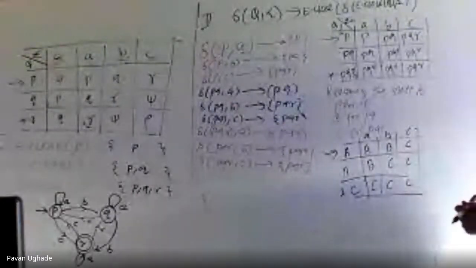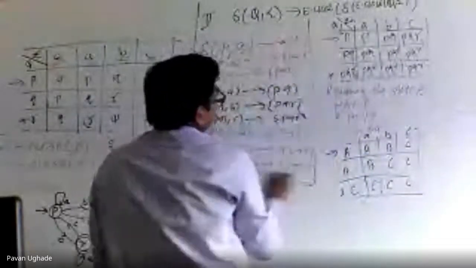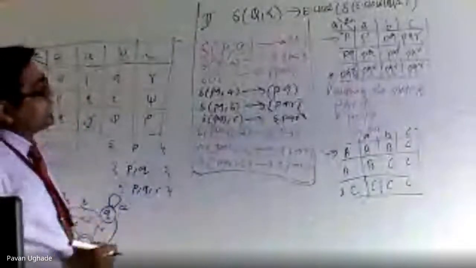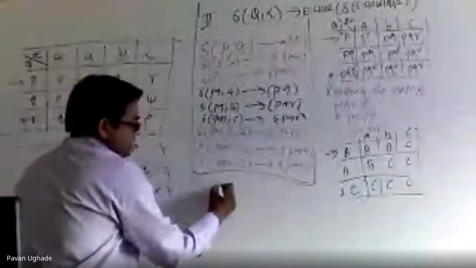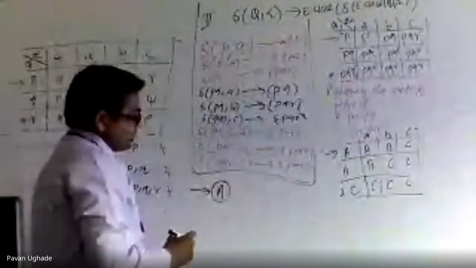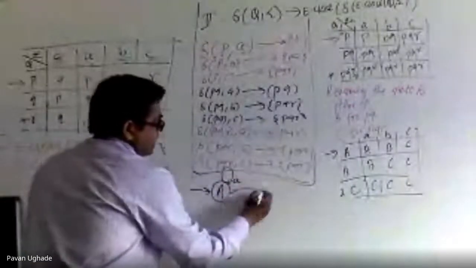Now, only the part left out is getting the transition diagram. I will be utilizing this space. I hope this much is feasible for us to draw the diagram. Now, please check it out. A, which is my initial state, over small a goes to itself.